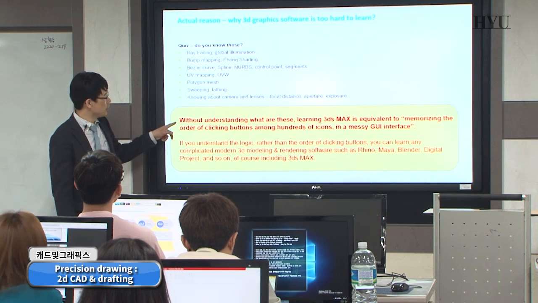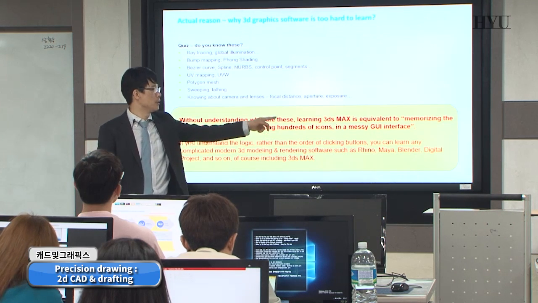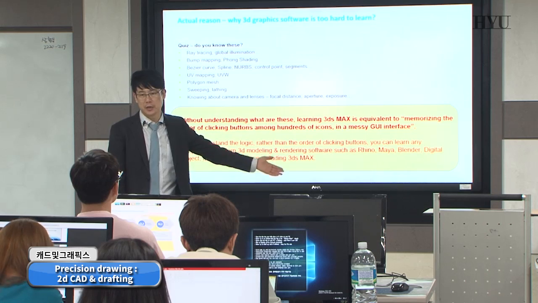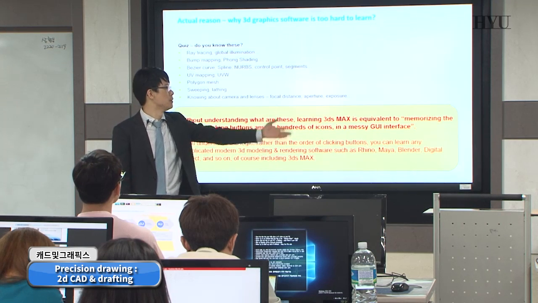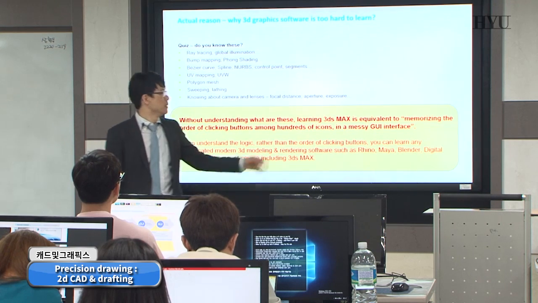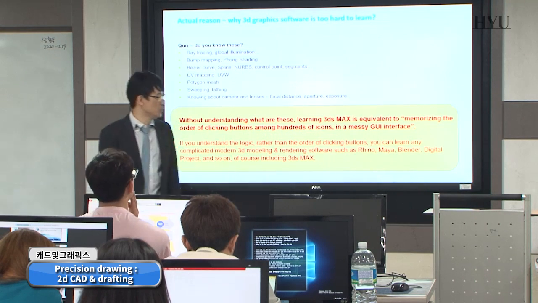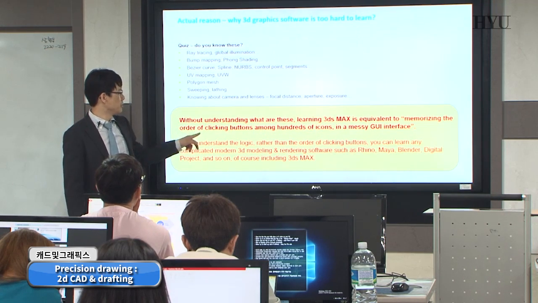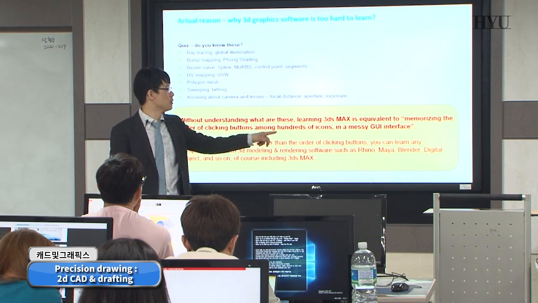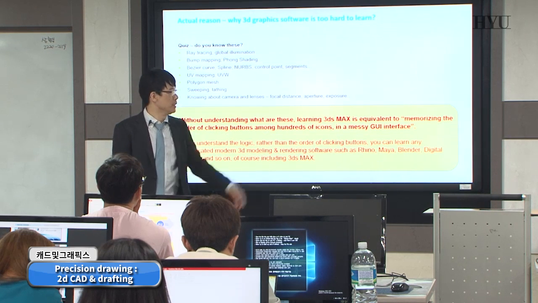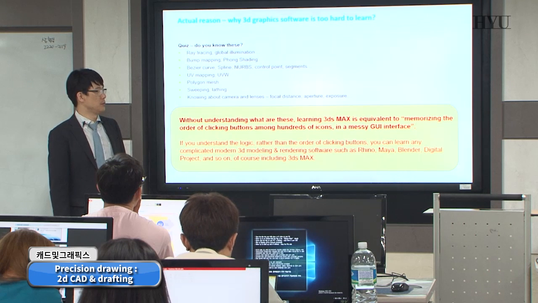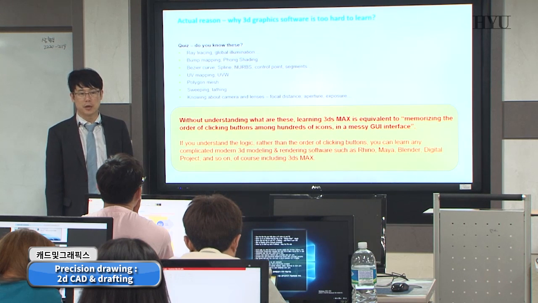So without understanding what these are, learning 3D Max, learning Rhino, learning Revit, learning Blender, simply say learning SketchUp is equivalent to memorizing the order of clicking buttons among hundreds of icons in a complicated GUI interface, okay?